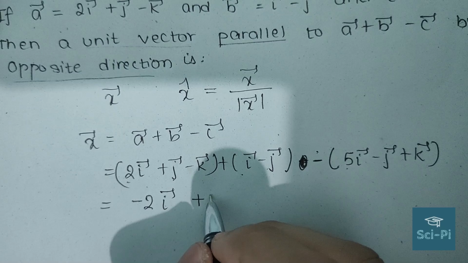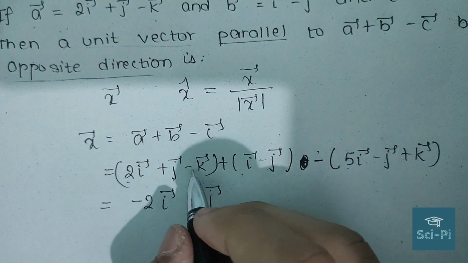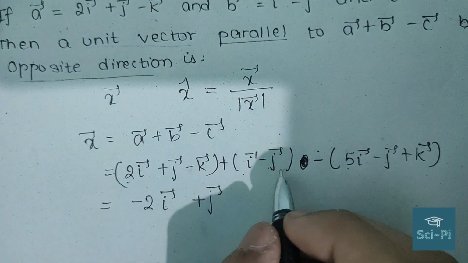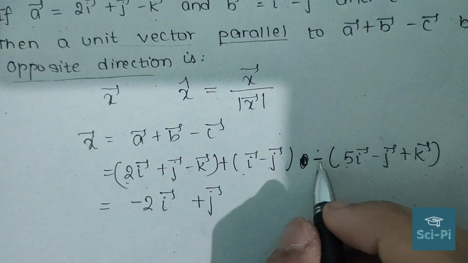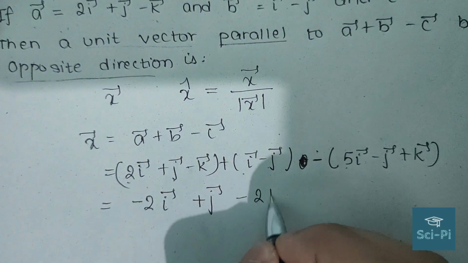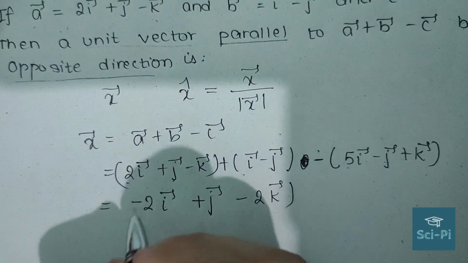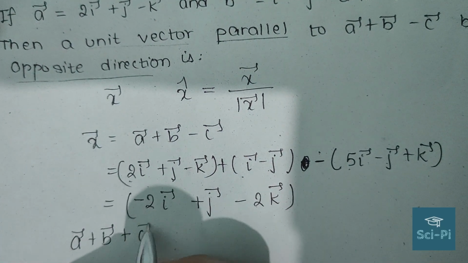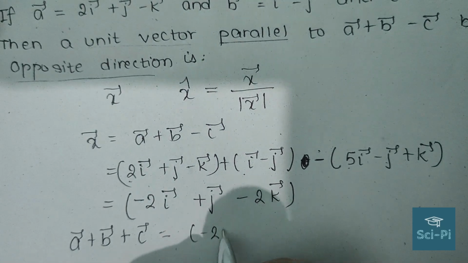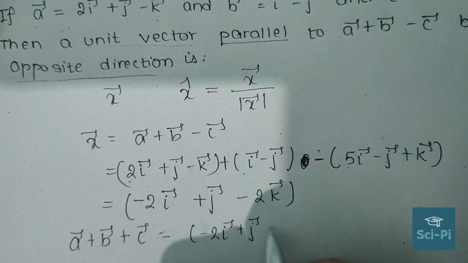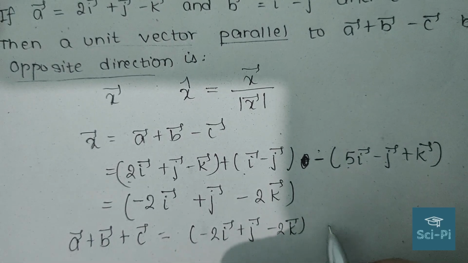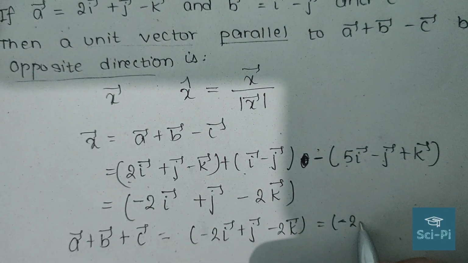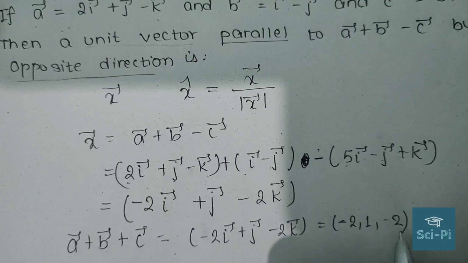That would be plus j vector. And we've got minus k, we've got nothing here, minus k, and then minus k would be minus 2k vector. All right. So our a vector plus b vector minus c vector is equal to minus 2i vector plus j vector minus 2k vector, which can also be written as minus 2 comma 1 comma minus 2.